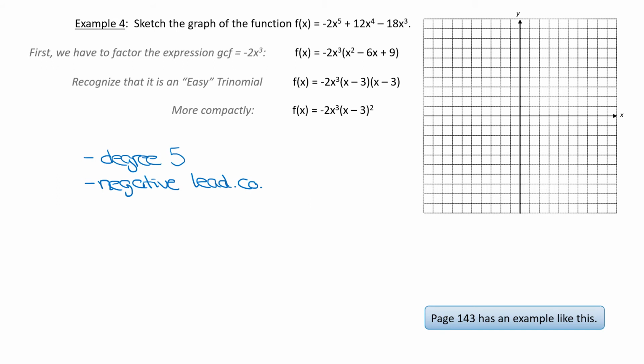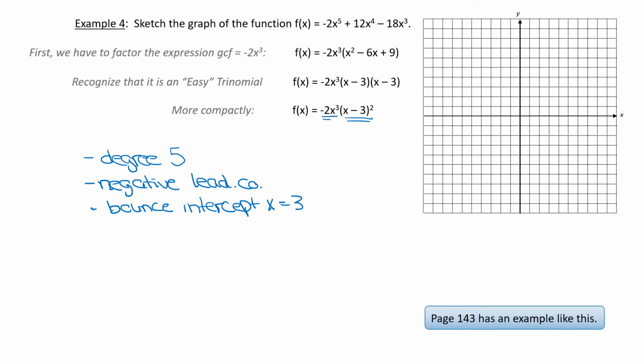Let's start with the bracketed factored part there, (x - 3) squared. That tells me I'm going to have a bounce intercept. That's coming from this bracket right here. My bounce intercept is when x is 3.